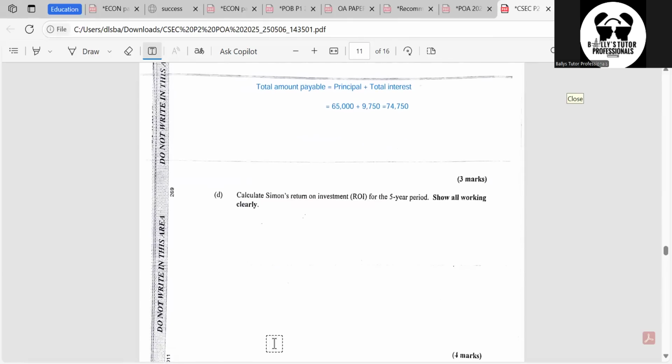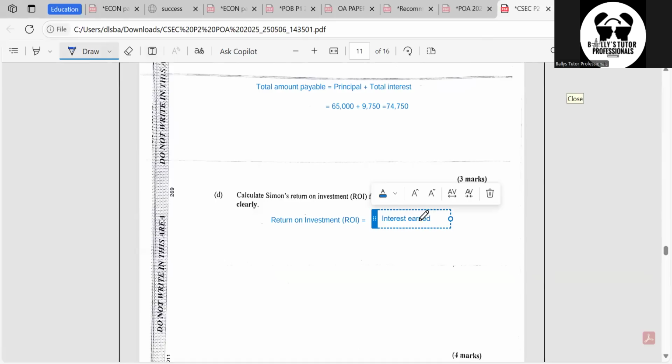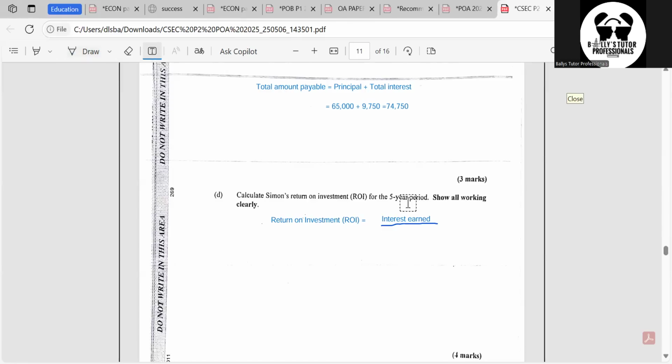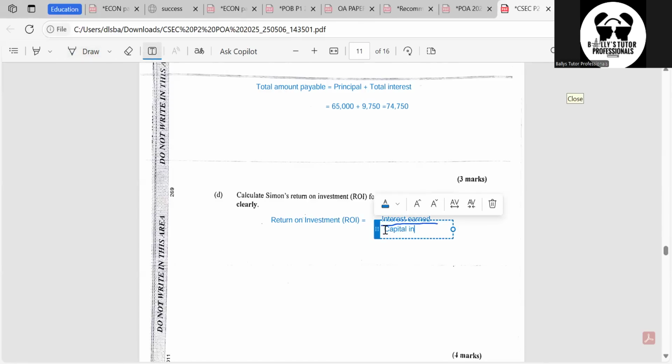And then they asked us to calculate the return on investment for the 5 years. So the return on investment would be, I'm gonna write it out, return on investment, ROI in brackets. Boom. And that is equal to the interest earned divided by the amount that was invested, a capital or a principal invested, whatever you want to call it.